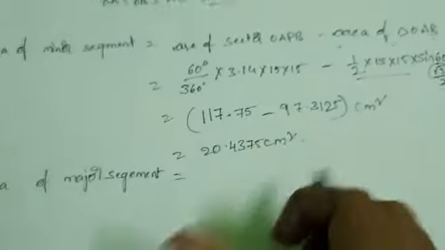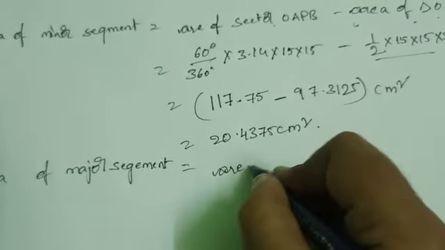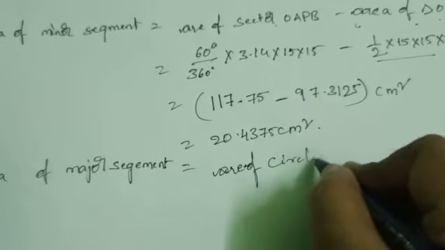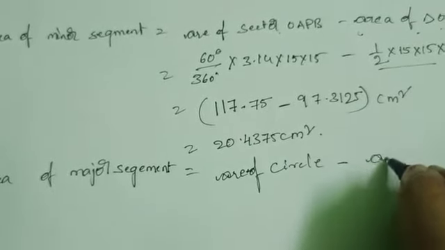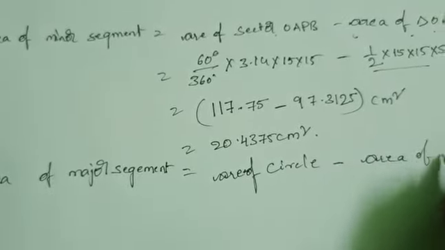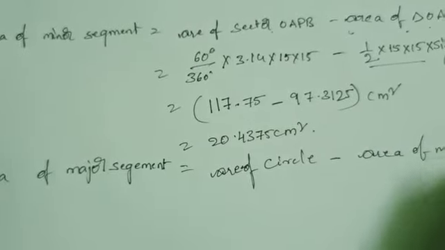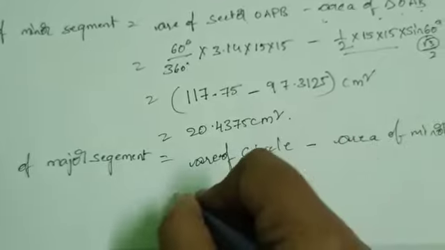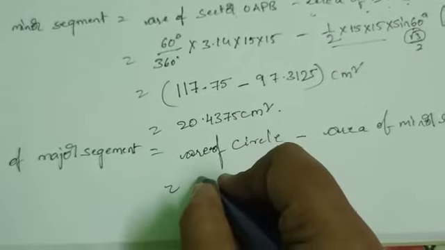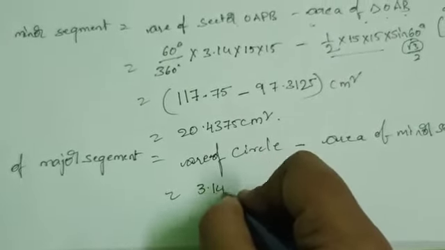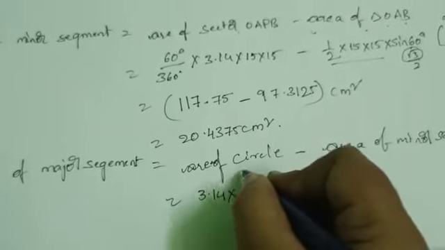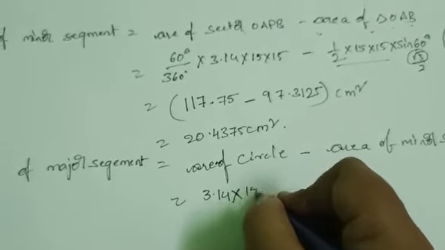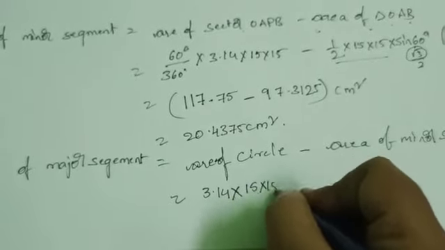Area of the circle minus area of the minor segment. Area of the circle is pi r square, using pi as 3.14 into r square, with r value 15 square, 15 into 15.